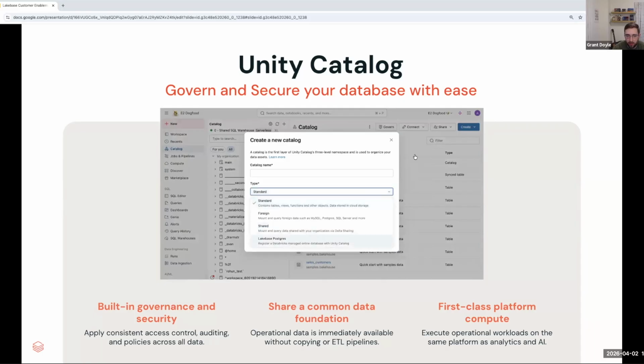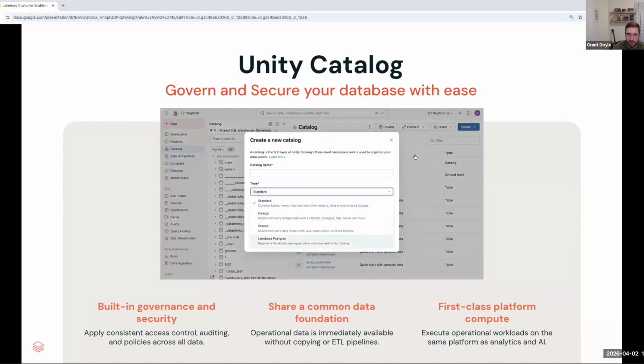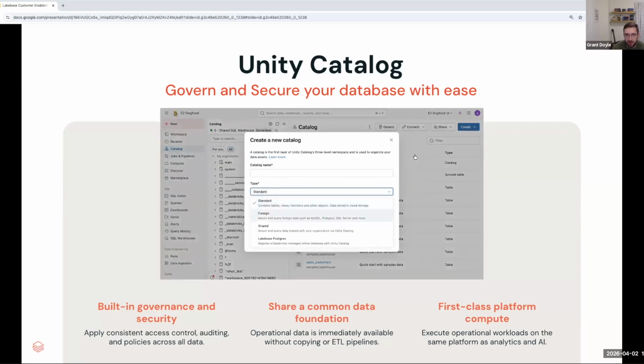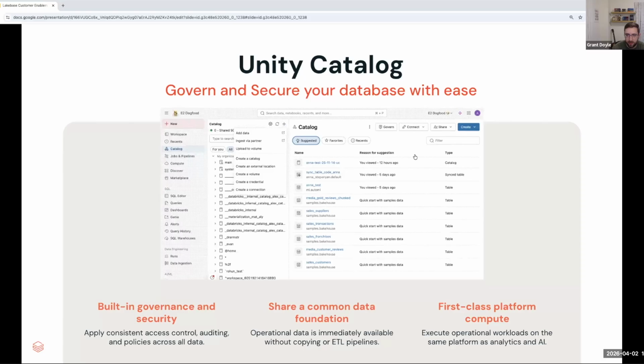So if you're really familiar with Postgres and how the roles work there, you can still use those within Lakebase. You're not bound to just the Unity Catalog governance model. And of course, you get all the first-class compute that enables these workloads to run well and reliably on the Databricks platform.